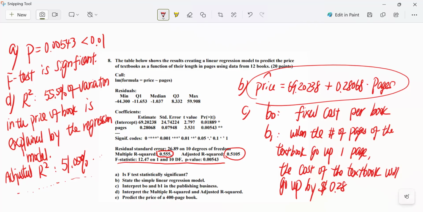All the language is the same, but it takes into account the sample size and the number of predictor variables used.